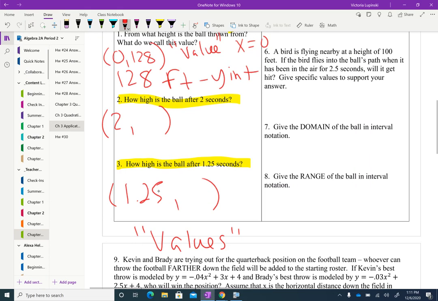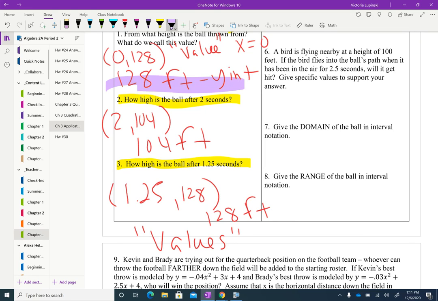So 2, 104, that's 104 feet. 1.25, 128, that would be 128 feet. So just highlight here to make sure we've got the answer. So 128 for the first one, 104 for the second one, 128 for the third one.